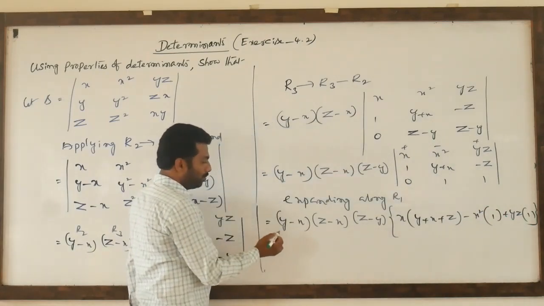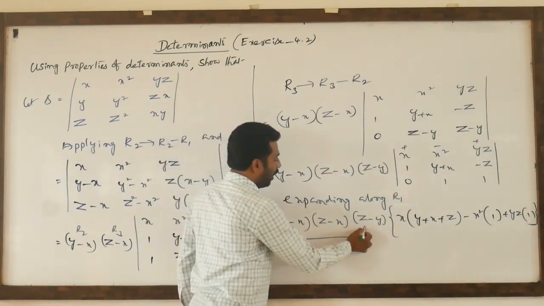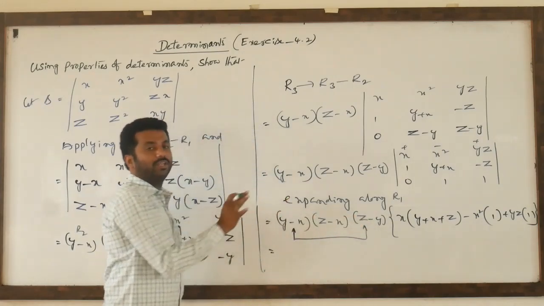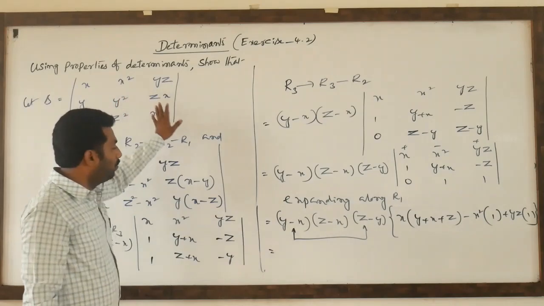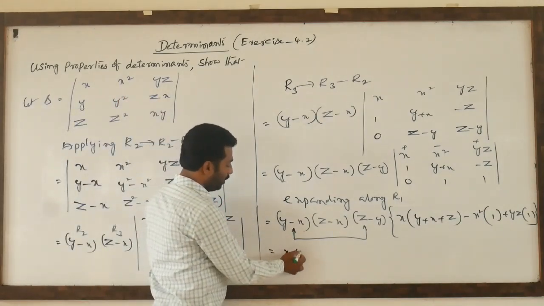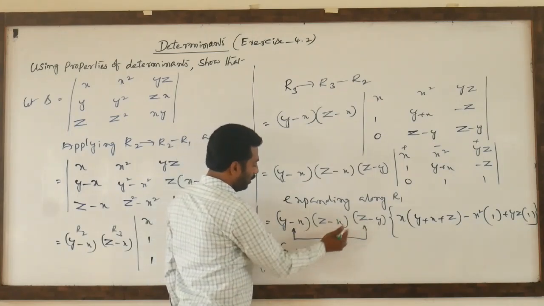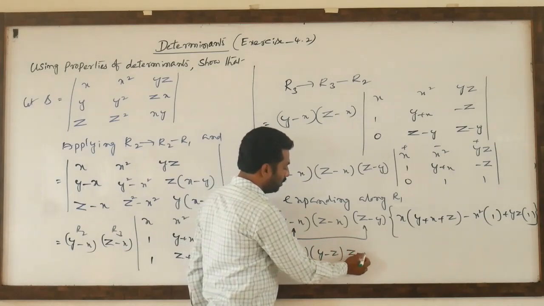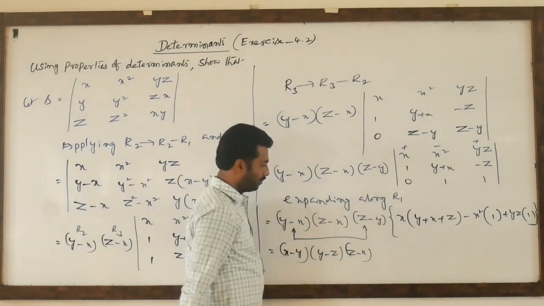So from this you observe, from these two again we have to take minus common, minus into minus plus, because we have to do x minus y into y minus z. So this becomes x minus y. It becomes y minus z. This is no changes. Z minus x.